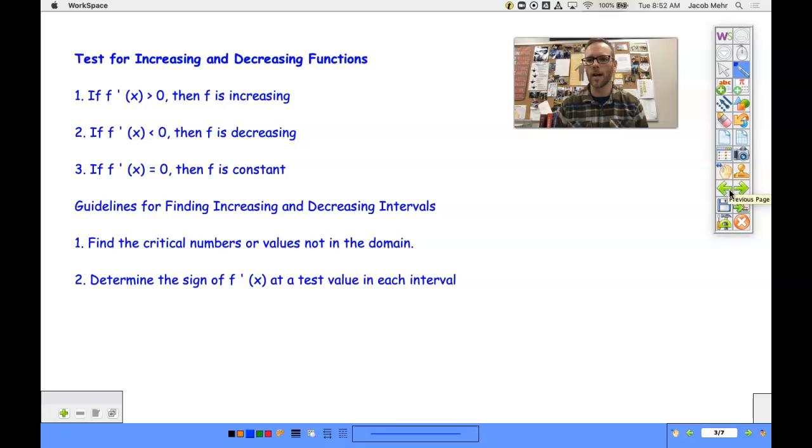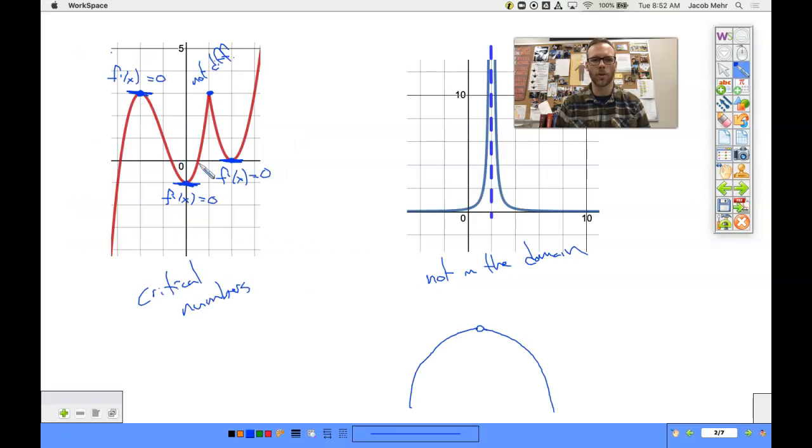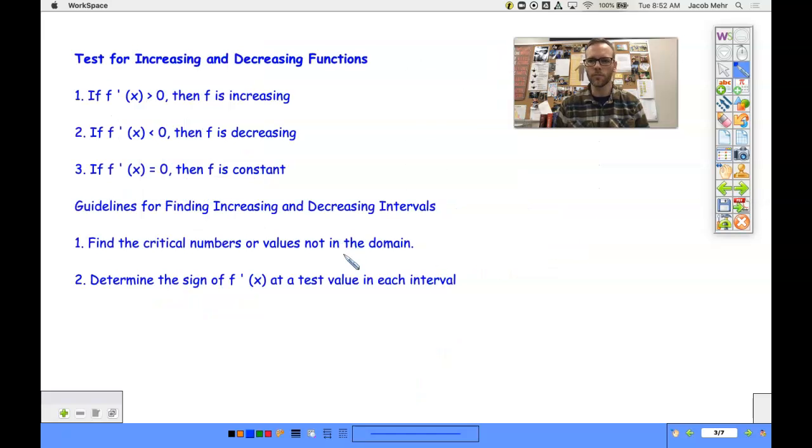Well, we find critical numbers or values not in the domain. That's going to create intervals. Then we test f prime in each of those intervals to determine if f prime is positive, negative, or possibly 0 in between those critical numbers or values not in the domain.